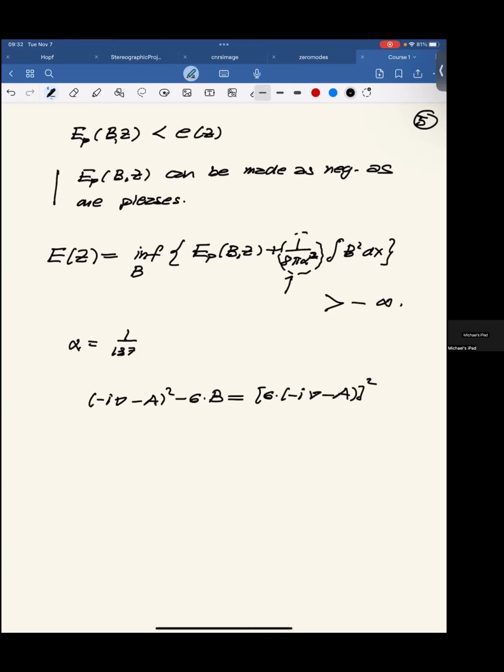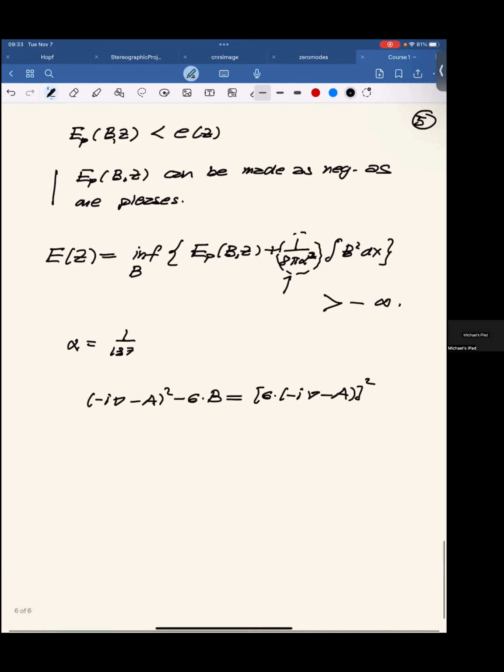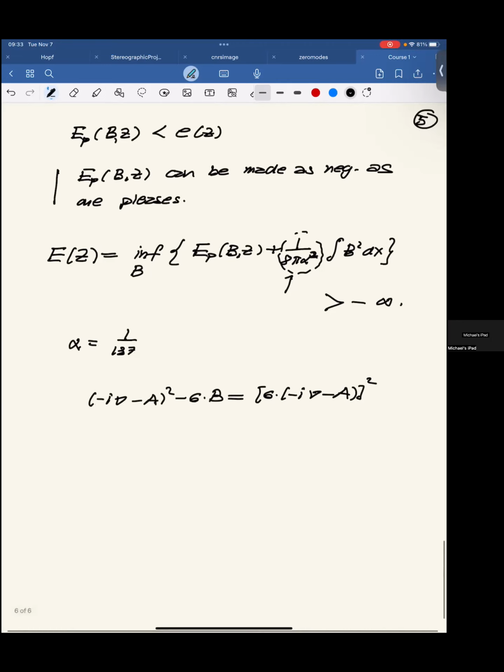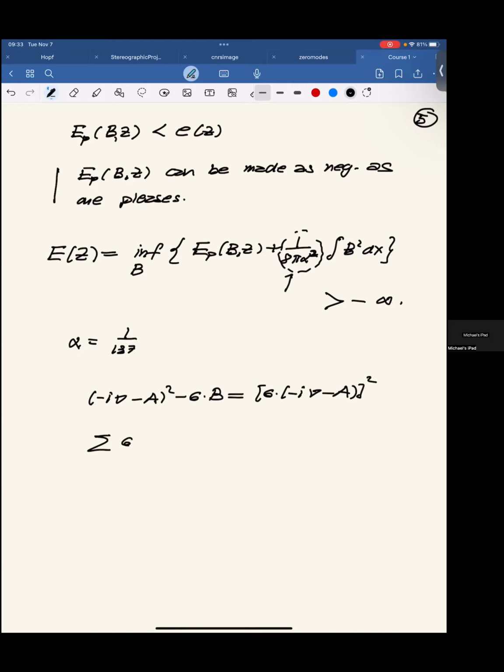I think the first time I learned it was from the Feynman lectures. When you multiply out these things, you get a sum of sigma i sigma j times minus i d_i minus A_i, times minus i d_j minus A_j. So this is your operator.